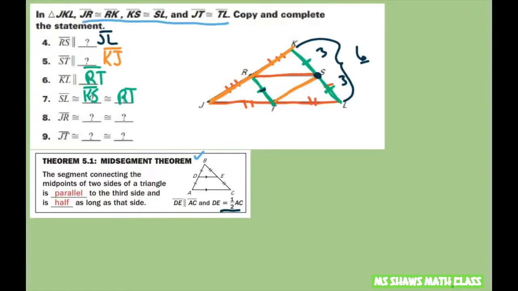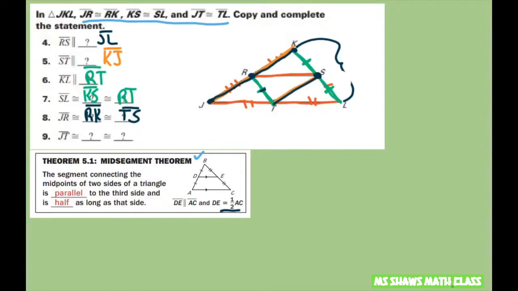And I'm going to erase the 3 out because that was just an example. And we can do the same thing with all the other lines. So we can say that JR, where's JR? This line segment is congruent to RK. But it's also congruent to this line TS or ST, however you want to write it.